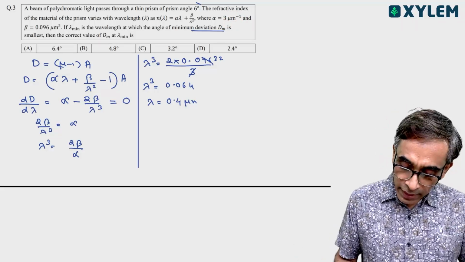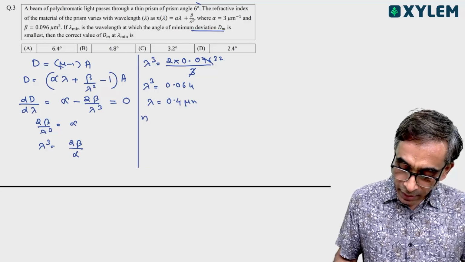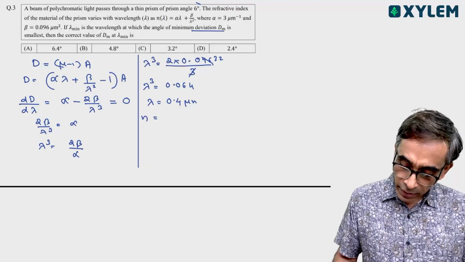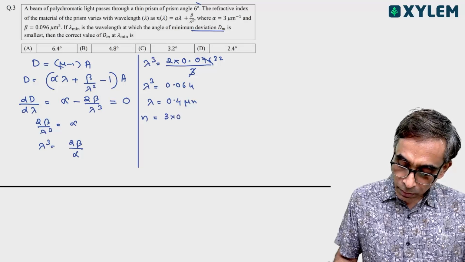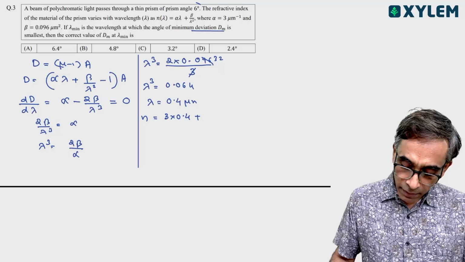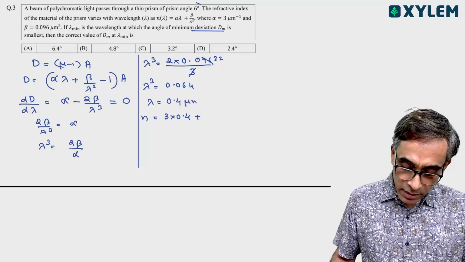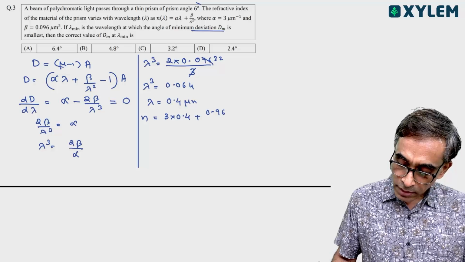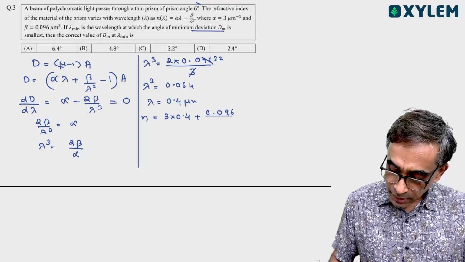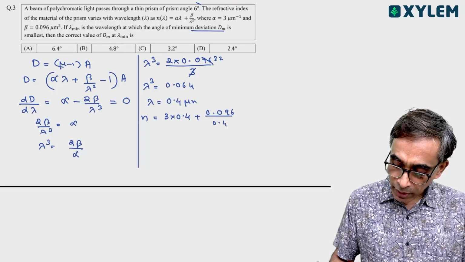Now we will calculate the refractive index n at this particular value. n is equal to alpha into lambda, alpha is 3 into 0.4, plus beta, which is 0.096, divided by lambda square, 0.4 square.